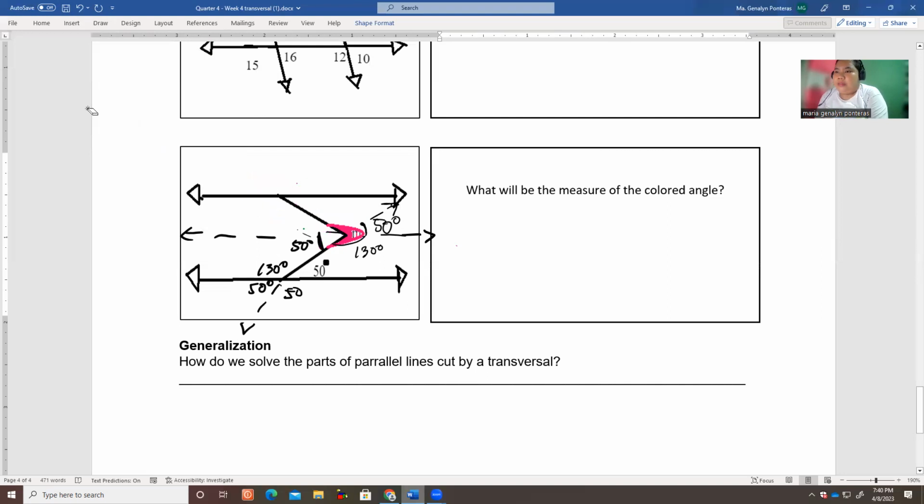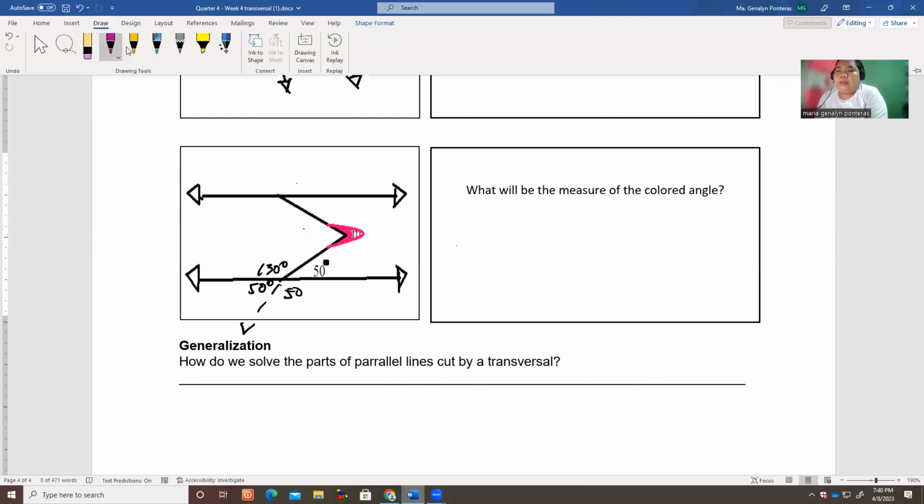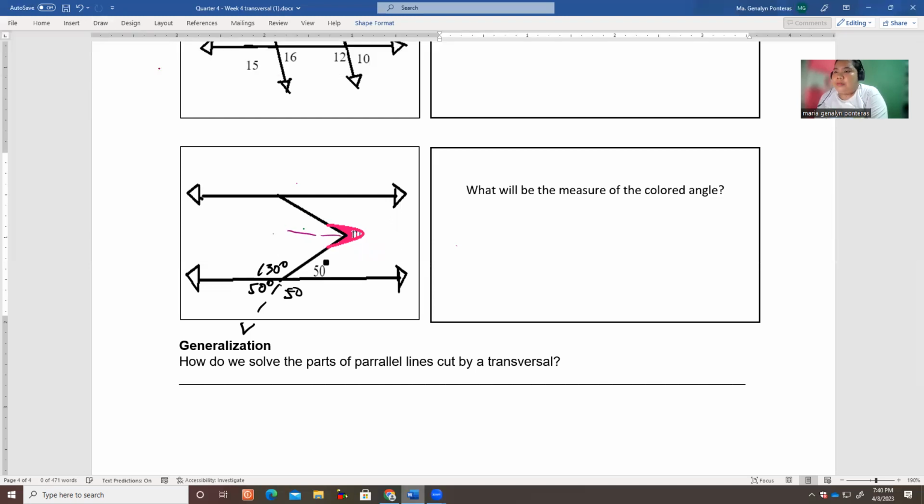Wait lang. Ang gulo ng parallel lines mo. So this would be 50 and this would be 100. If we are going to extend this one, also 50. So the whole thing is 130. Pero hindi natin alam kung ilan yung pink portion ng pink natin.